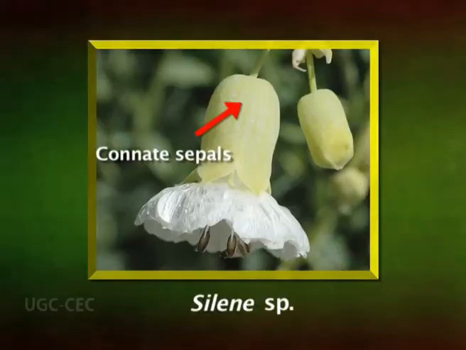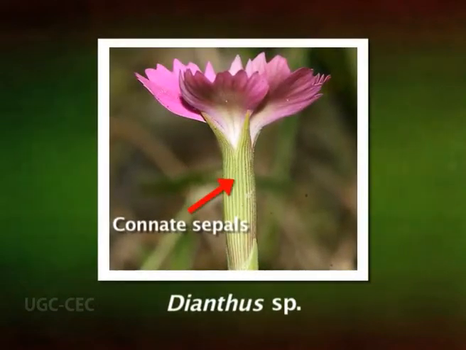In Caryophyllaceae, the calyx comprises 5 sepals. Rarely the sepals are only 4, as we can find in Polycarpon. They are usually connate proximally into a tube or cup and are synsepalous, as we can find in Silene and Dianthus.